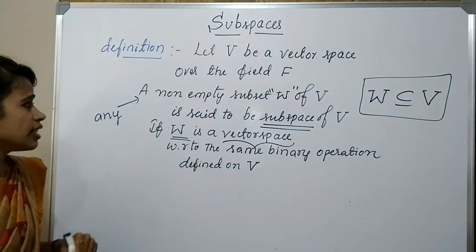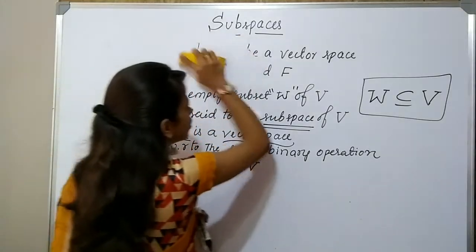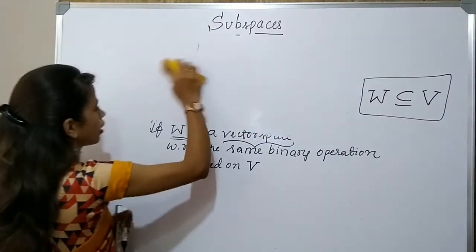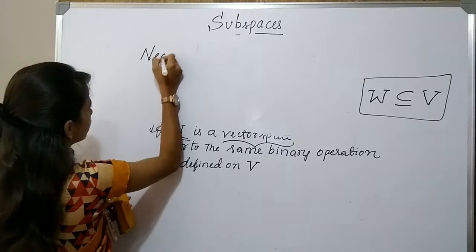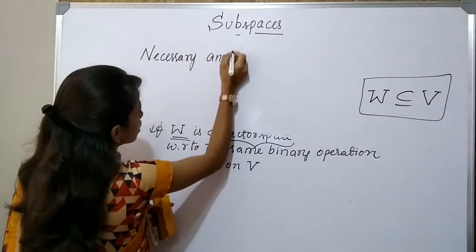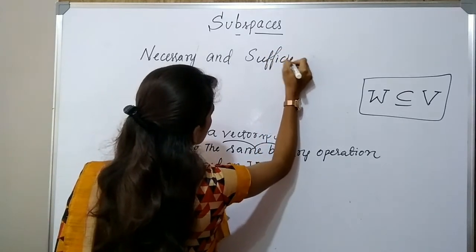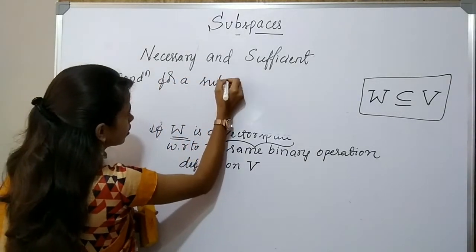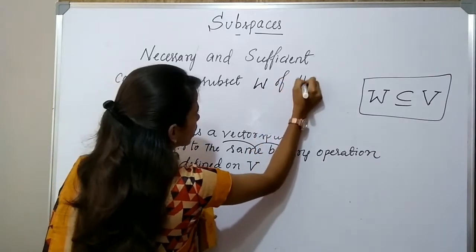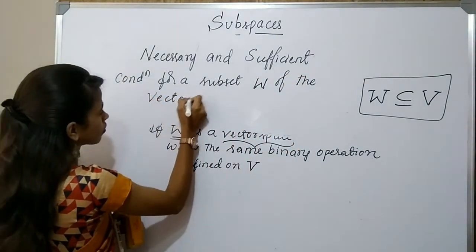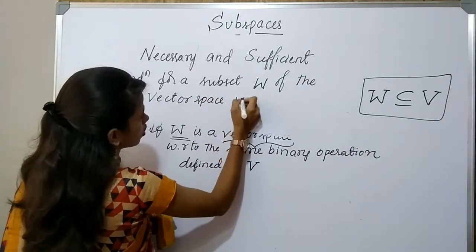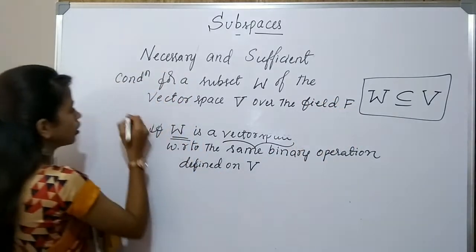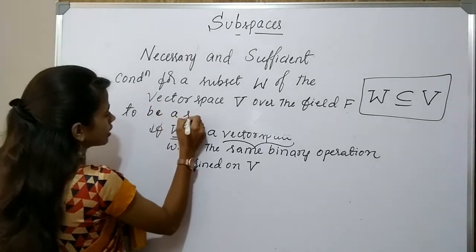Here is the theorem: the necessary and sufficient condition for a subset W of the vector space V over the field F to be a subspace.